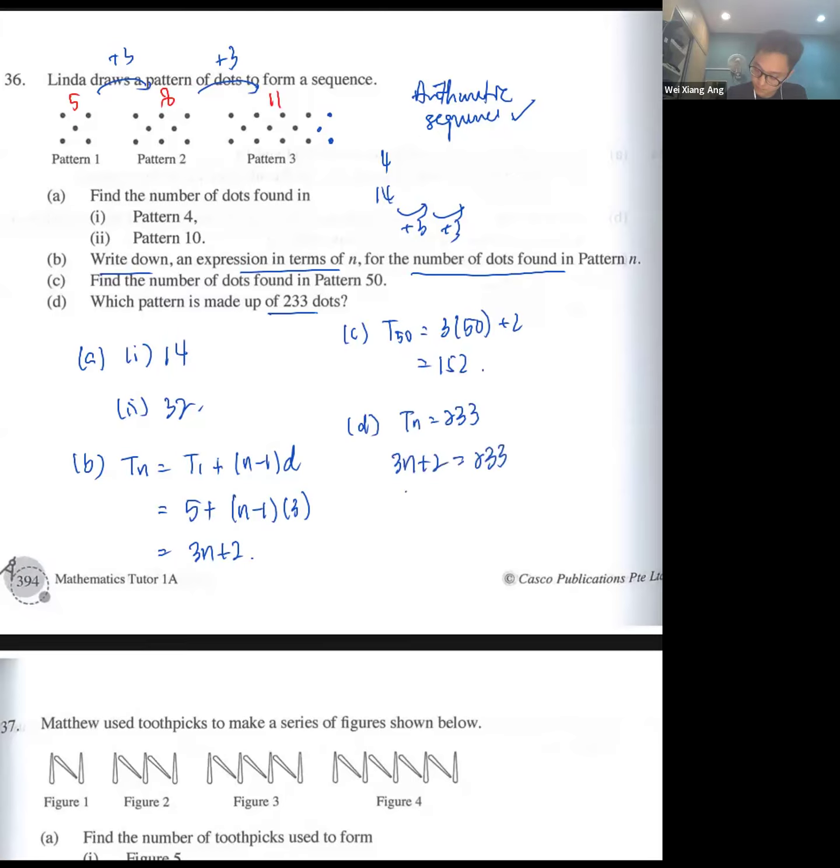Reverse engineer. That's it. Important to check your working here. Check if the formula is correct, because if your part B is wrong, part C, part D, you spend 5 minutes doing the question and you still get 0.